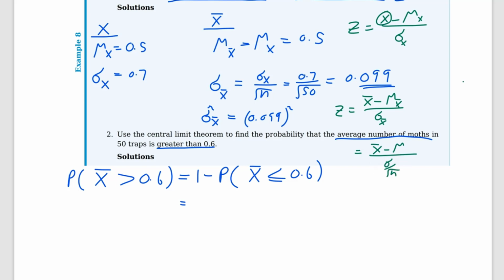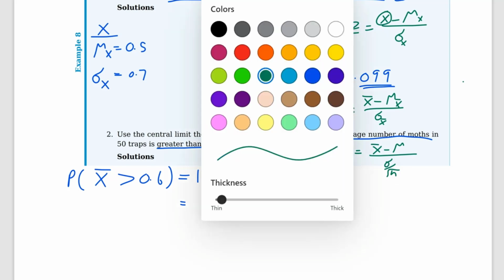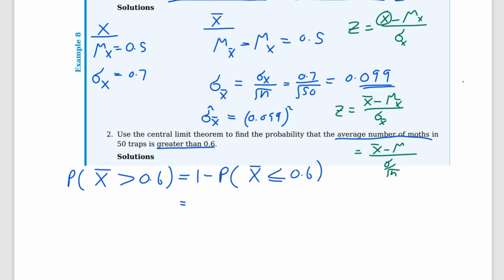But we know these values, therefore we can use them. So 1 minus the probability that x bar is less than or equal to 0.6 minus mu of x bar, which is 0.5, divided by sigma of x bar, which is sigma over root n, that is 0.099.